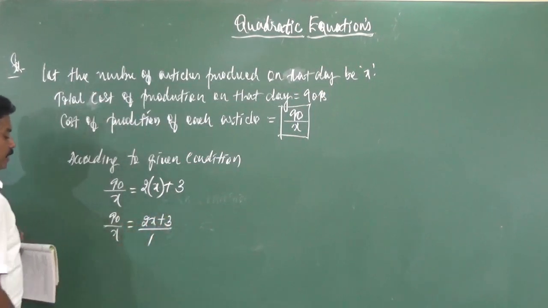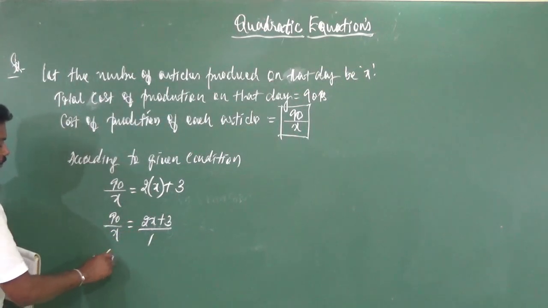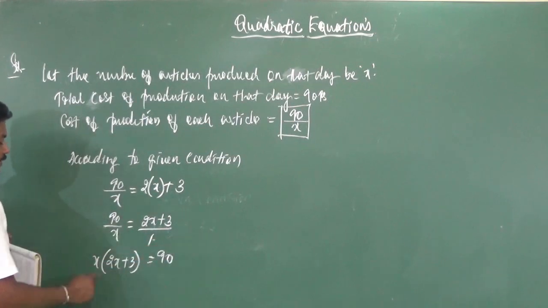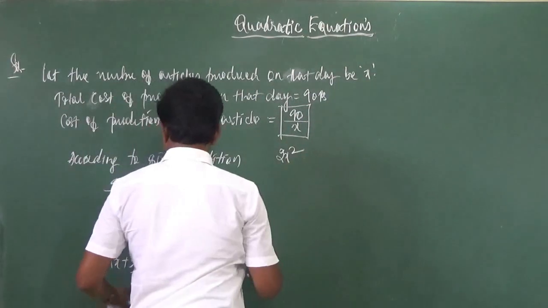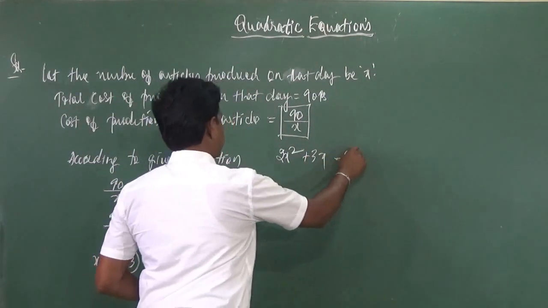In the denominator we have 1. So we can cross multiply this. x into 2x plus 3 is equal to 90 into 1, which is 90. So x into 2x is 2x square, and x into 3 is plus 3x, equal to 90.